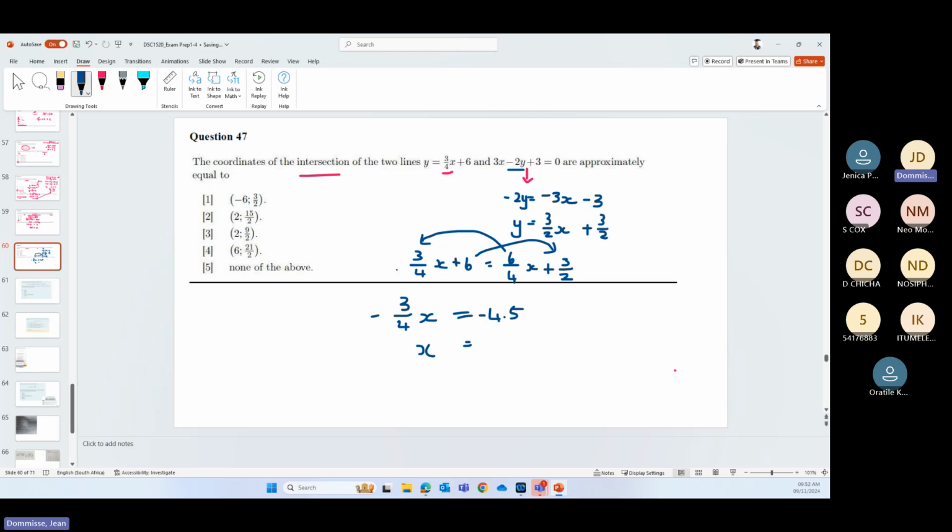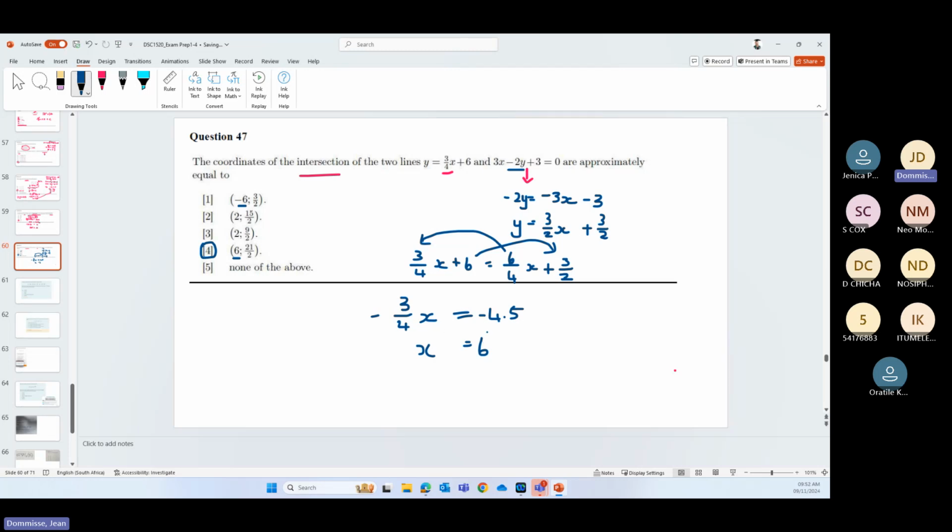And I'm now going to use a calculator to say minus 4.5 divided by minus 3/4, because I'm not even going to try and work with fractions here, and then my answer is x is equal to 6. Okay, so then if I just look, minus 6 close, so 2, 2, and there is 6. So already we can nearly say our answer will be option 4.